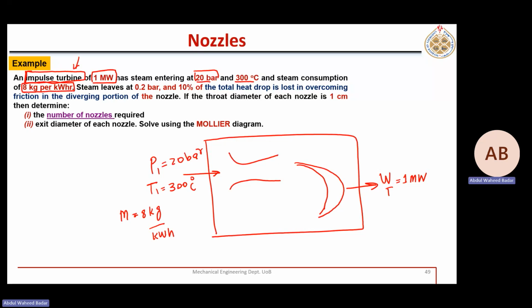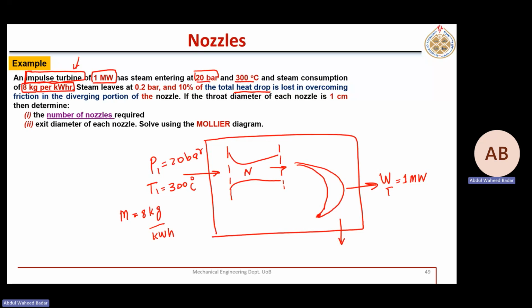Steam leaves at 0.2 bars and 10% of the total heat drop. Now, steam leaves where? Actually, we will see in the next chapter that for an impulse turbine, all of this pressure drops inside the nozzle. Pressure drop over the turbine is negligible. There is a pressure drop due to friction.